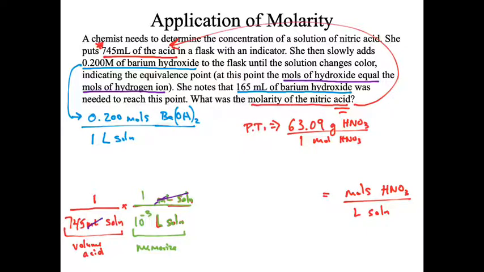I could. How could I use it? I want the moles in the numerator. Awesome. I want the grams in the denominator. 63.091. Yeah? And now I would need to cancel the grams. With what?